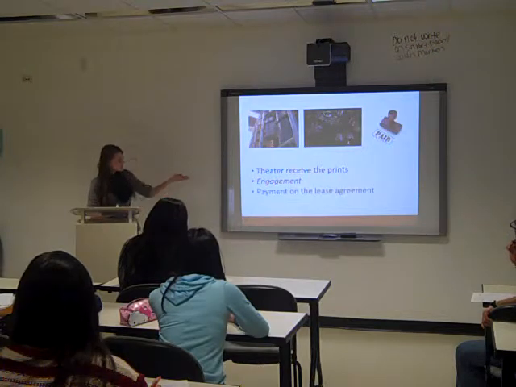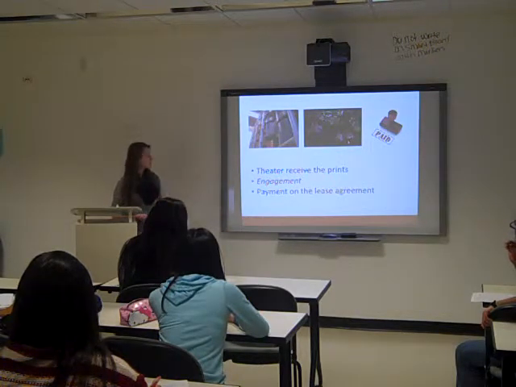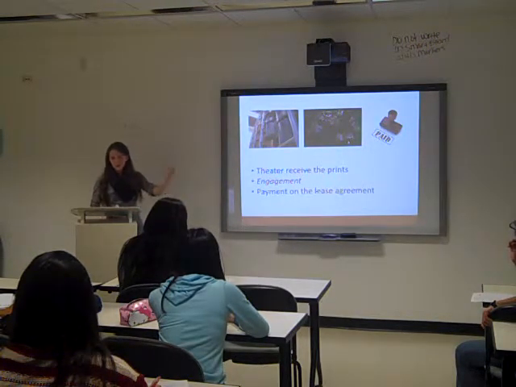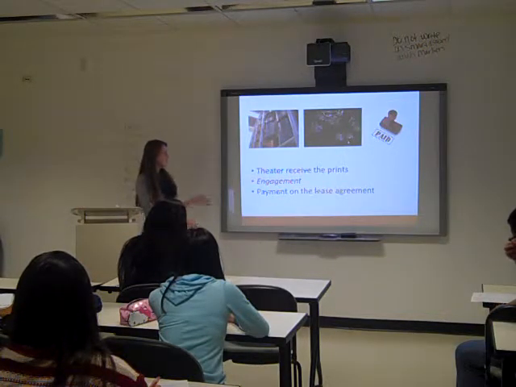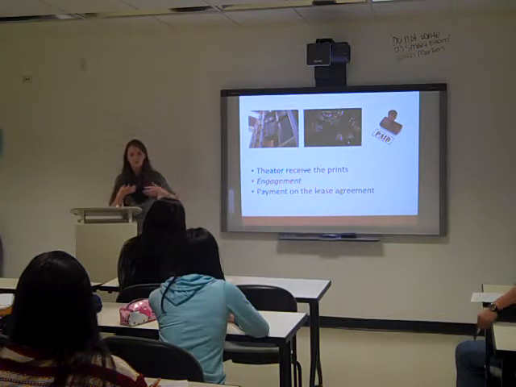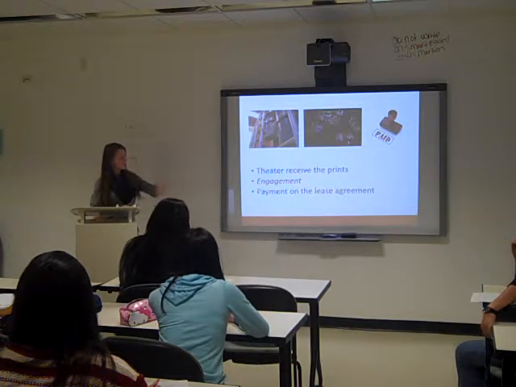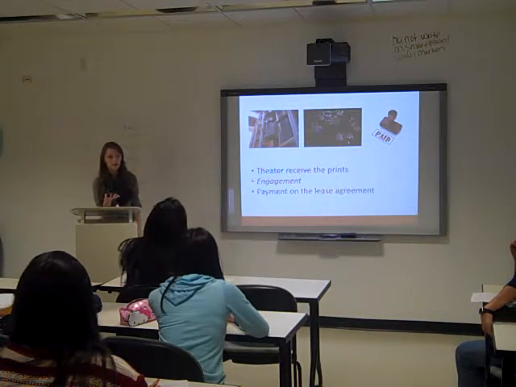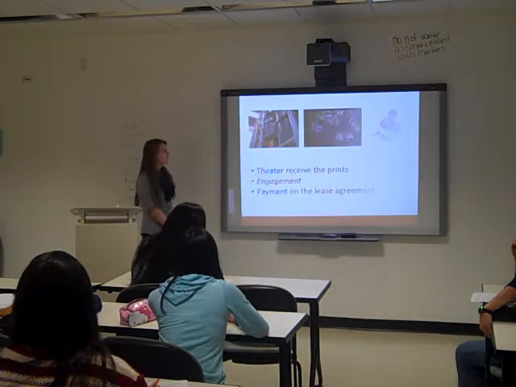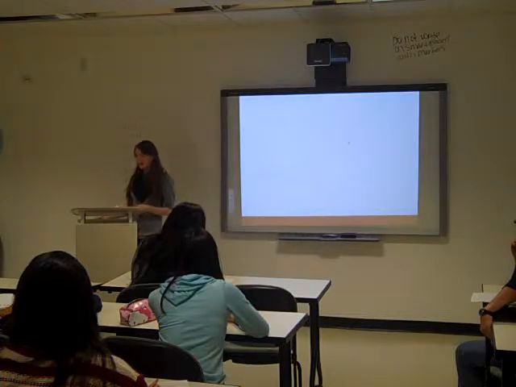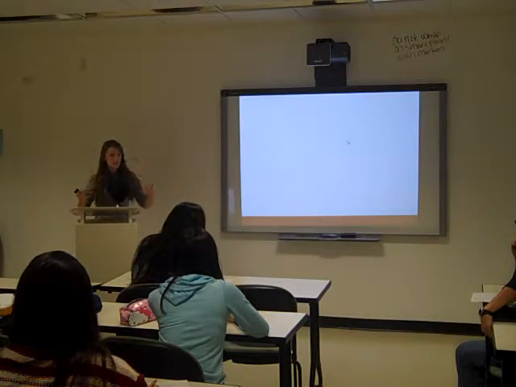It's called the engagement, and it's probably about 4 weeks. People buy tickets, and after the 4 weeks are completed, the theater sends the prints back to the distribution company and makes the payment on the lease agreement. So these are just the steps by which a movie is made available.